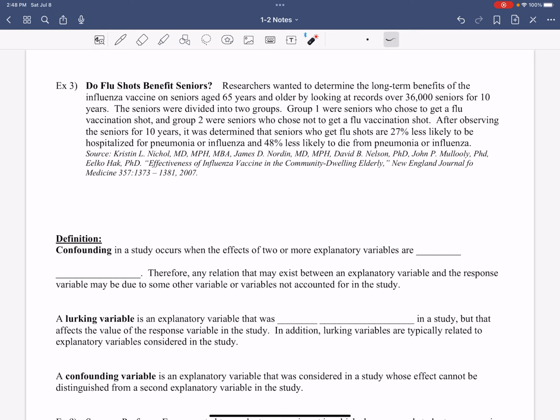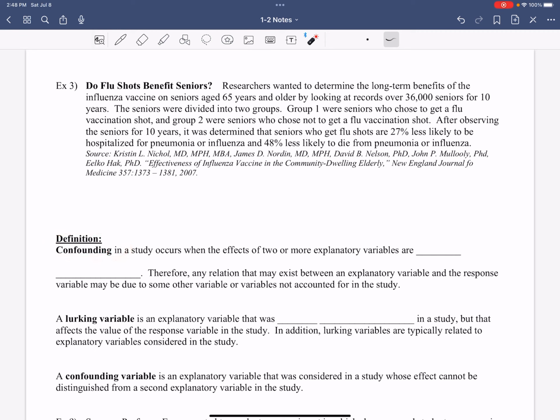Right? Wow, that sounds awesome. All seniors should go out and get a flu shot, right? That's what we're talking about. Here's the deal. Not necessarily, because this is what we were concerned about whenever you're looking through this. There is something called confounding, all right?